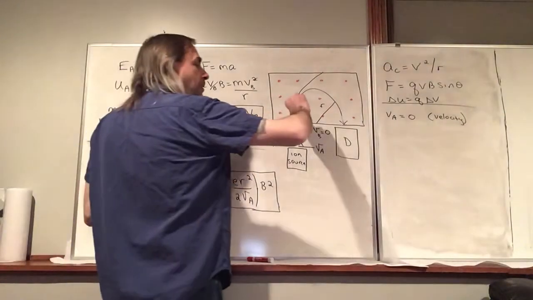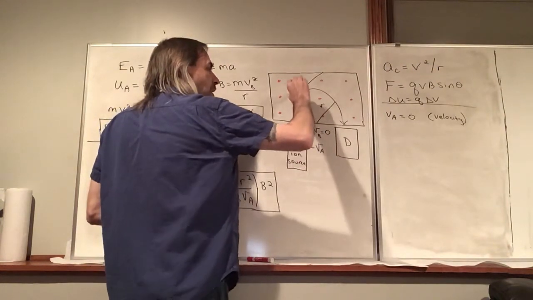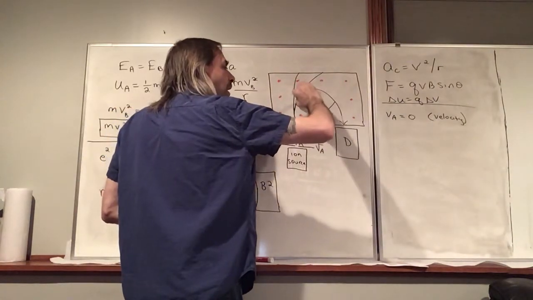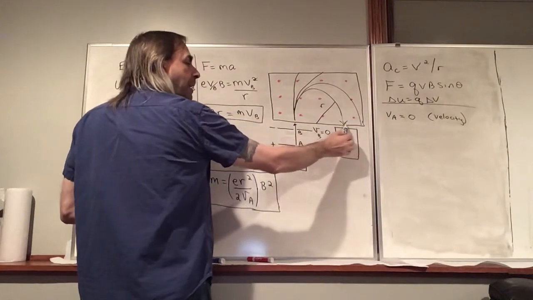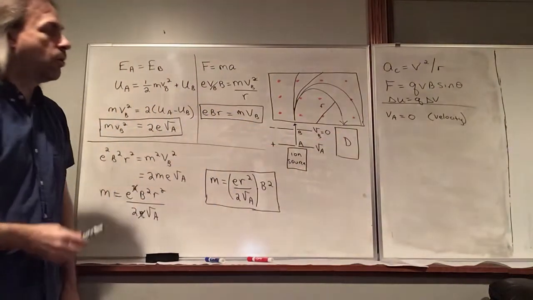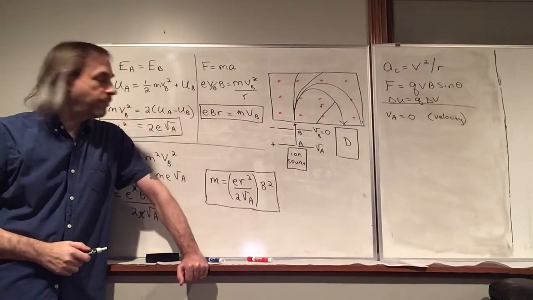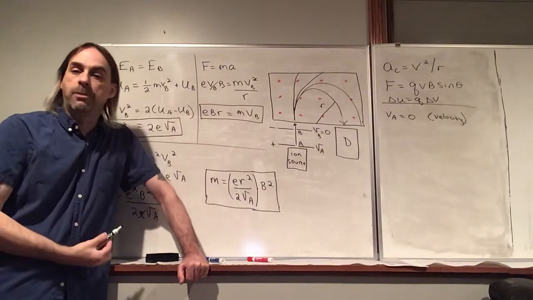So if we start with a very weak field, it's practically going to go straight. We increase the field. Eventually, we'll get it to loop around. And then we keep increasing the magnetic field, and eventually we're going to get to the right value where we hit the detector.